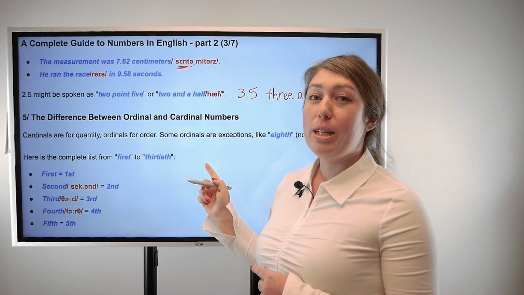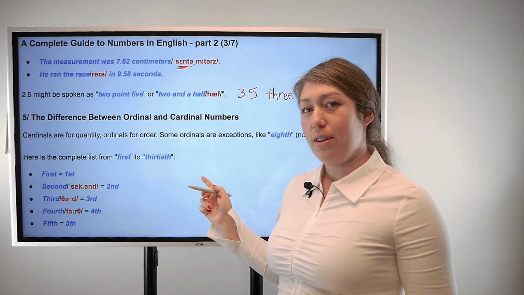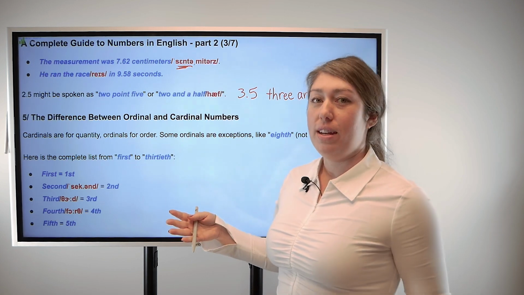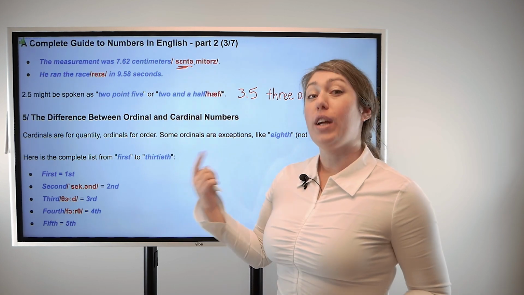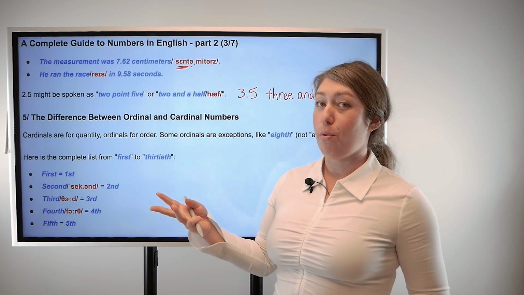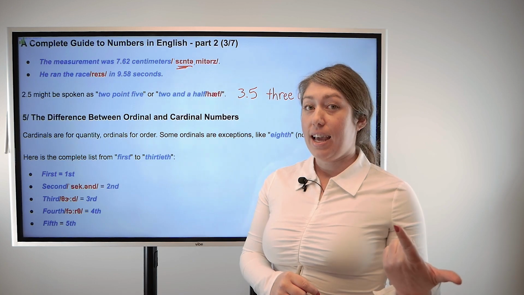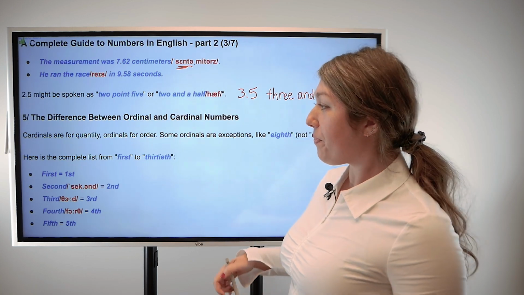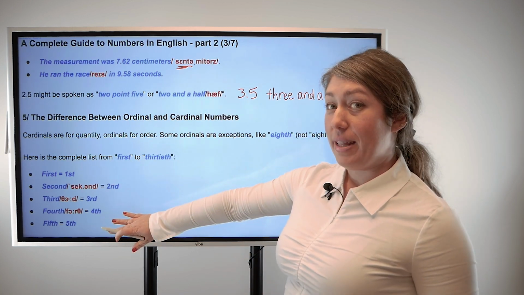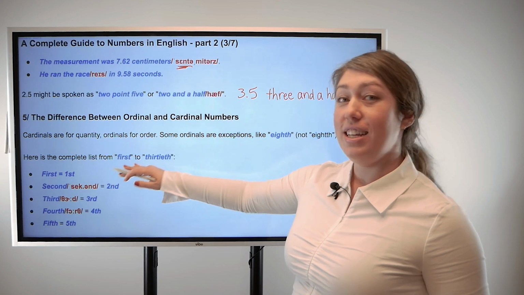Now let's look at the difference between ordinal and cardinal numbers. An easy way to remember the difference is cardinal is for counting, like 1, 2, 3, and ordinal is for order, like first, second, and third. So let's look at our complete list from 1st to 30th.